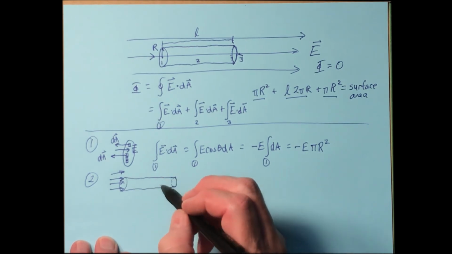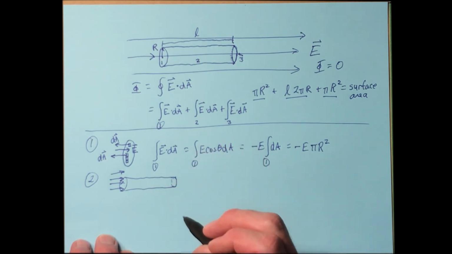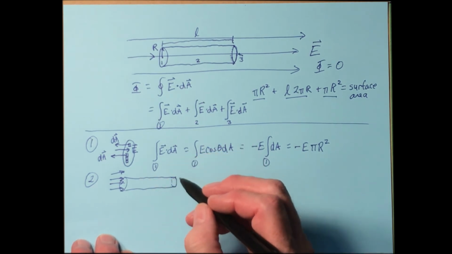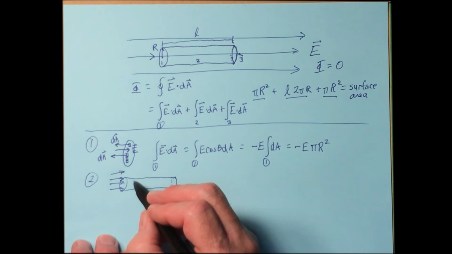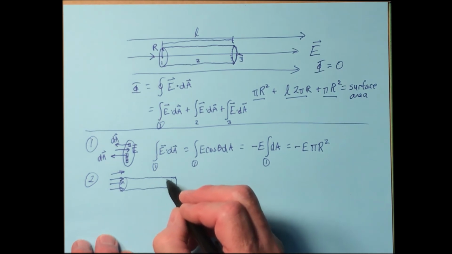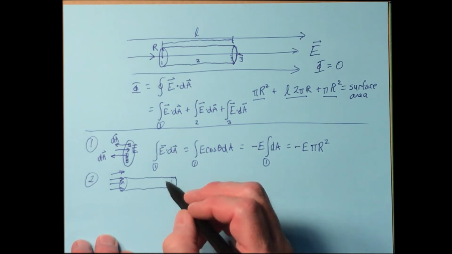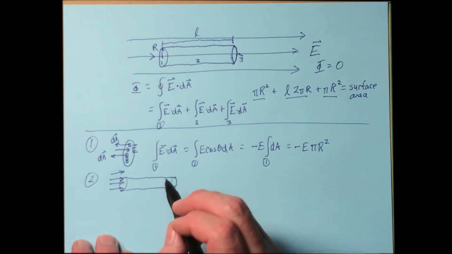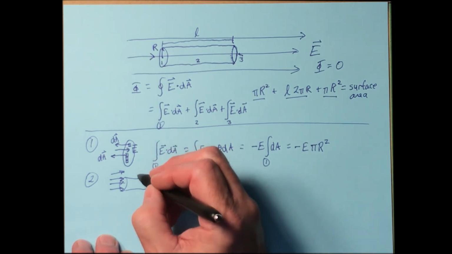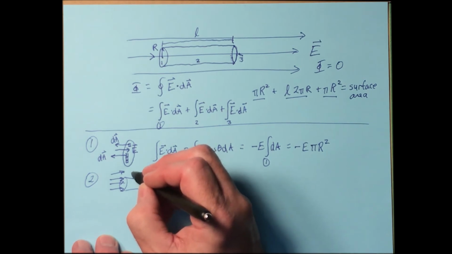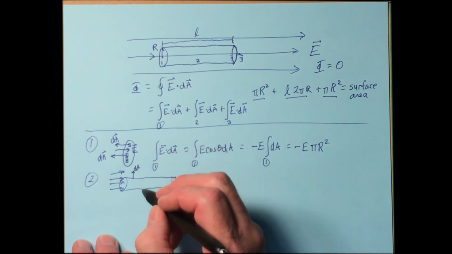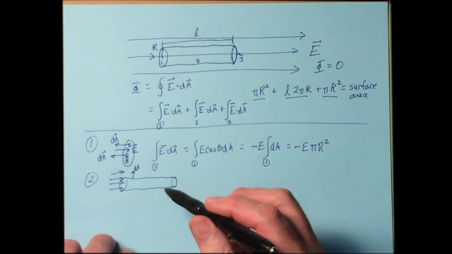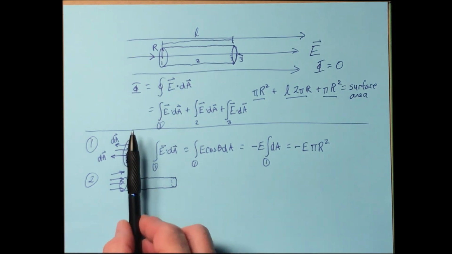All right, so where do the dA vectors point? Well, remember, to sum this up, you break it up into little pieces, sum up the dA vectors, and then you've got the total surface area. But the dA vectors point in different directions. So at one point, the dA vectors point that way. But remember, this is three-dimensional, so you got the dA vectors pointing that way.